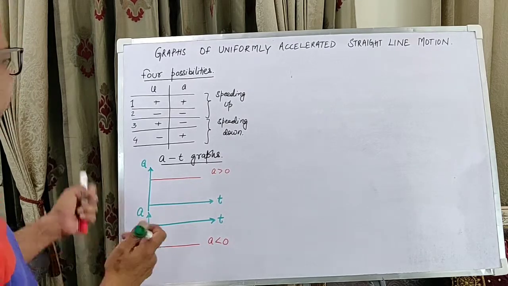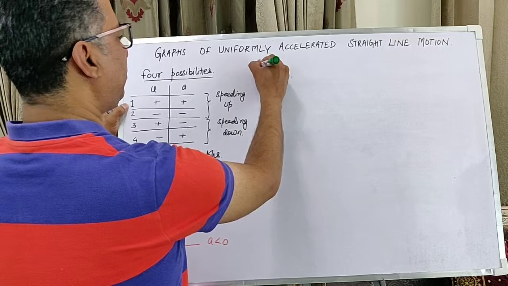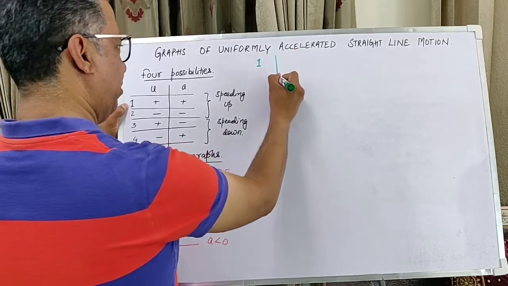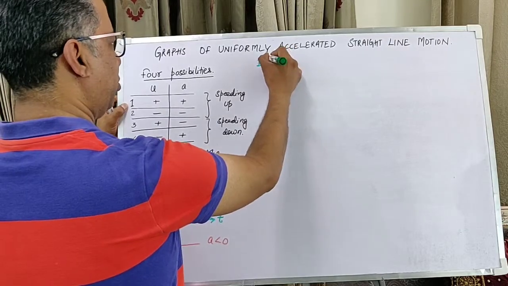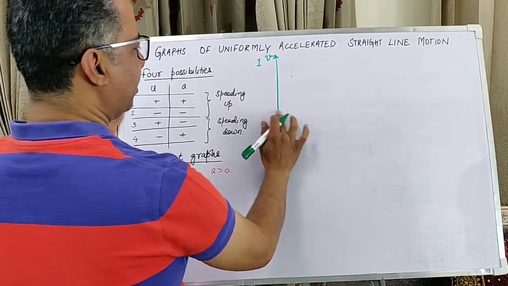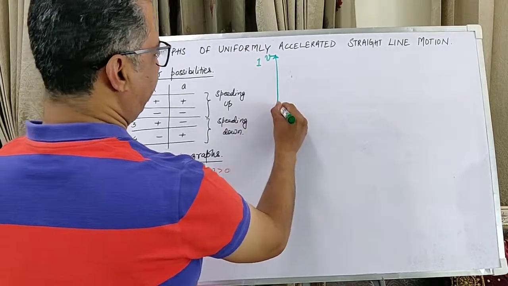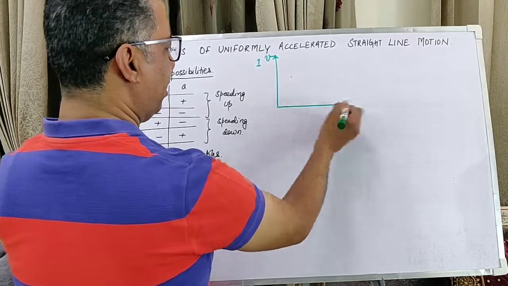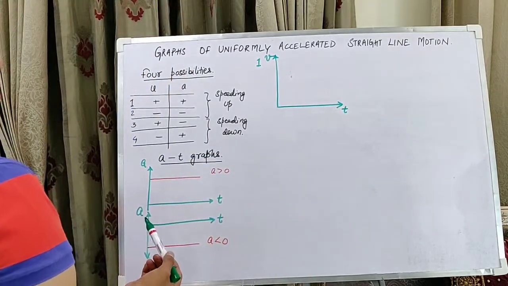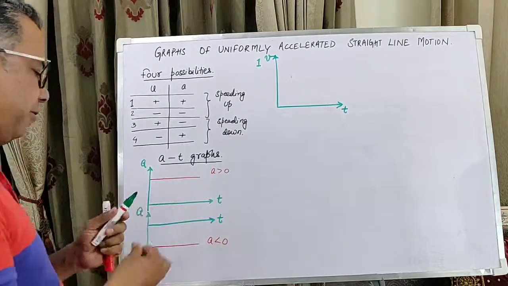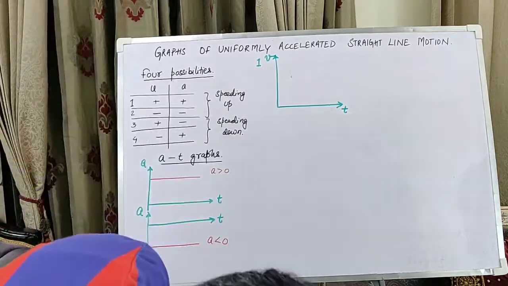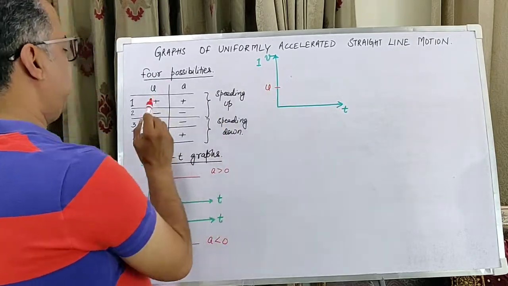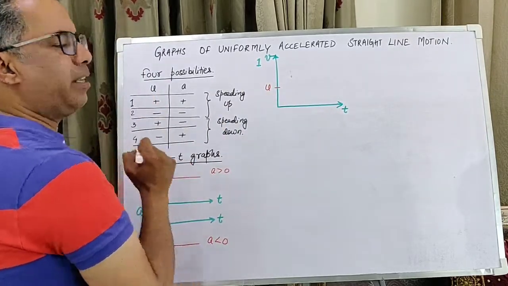So for case 1, we are drawing the VT graph. So we have V on the y-axis and T on the horizontal or the x-axis. Now the graph starts with a positive u, because u is given to be positive and the acceleration is positive.